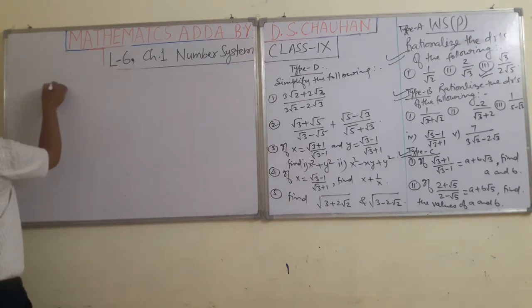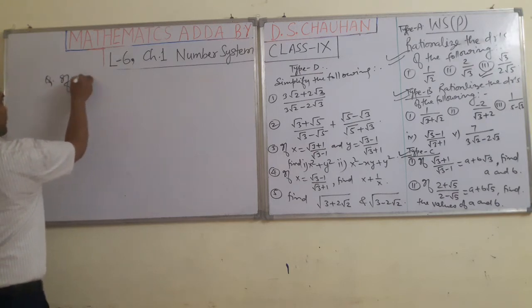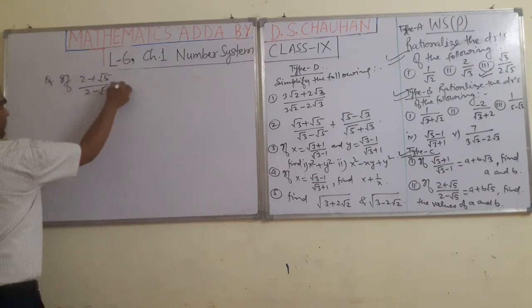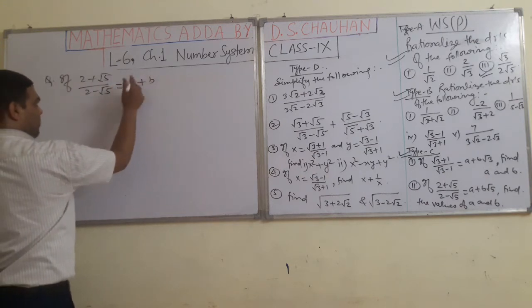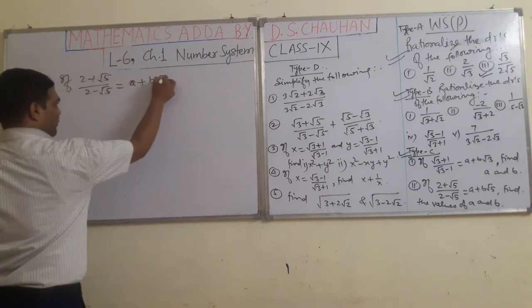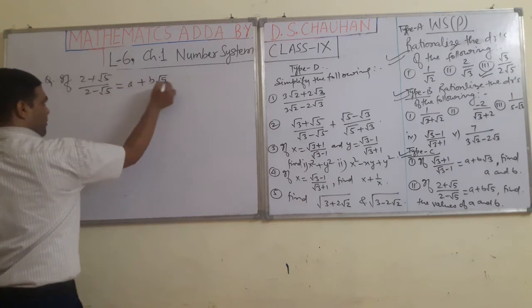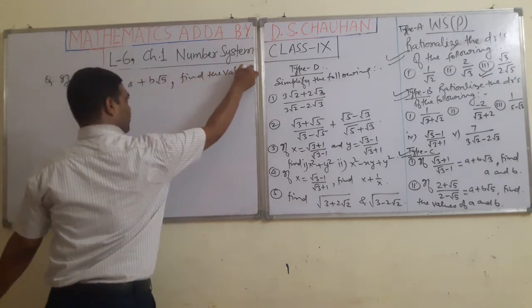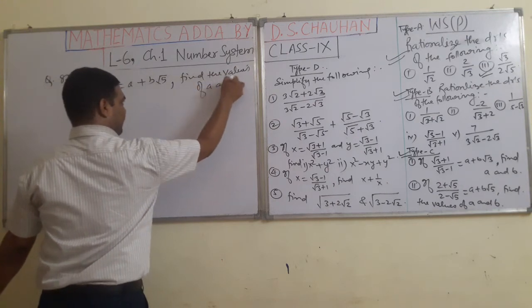See, from the type C question, if 2 plus under root 5 upon 2 minus under root 5 equals a plus b root 5, find the values of a and b.